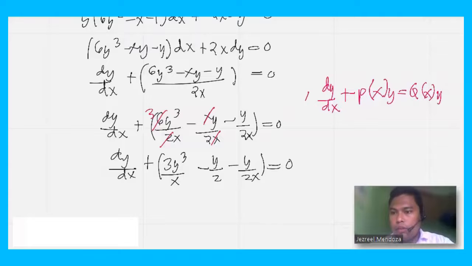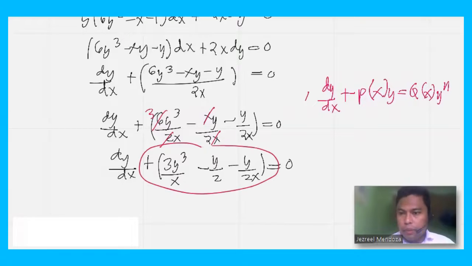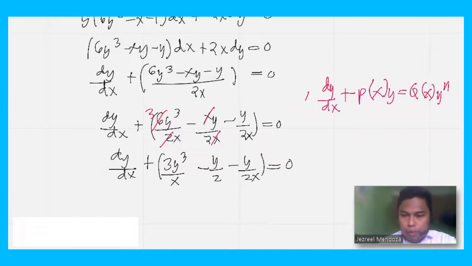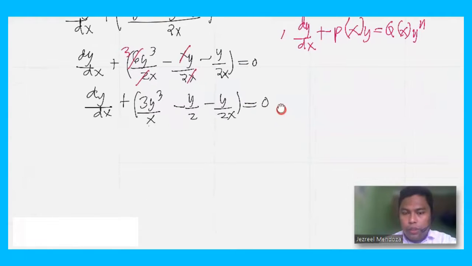So we can aim that this can be transformed to this general form of Bernoulli equations. If that meets our condition, then the equation now will be a Bernoulli equation. Okay, so let's proceed.